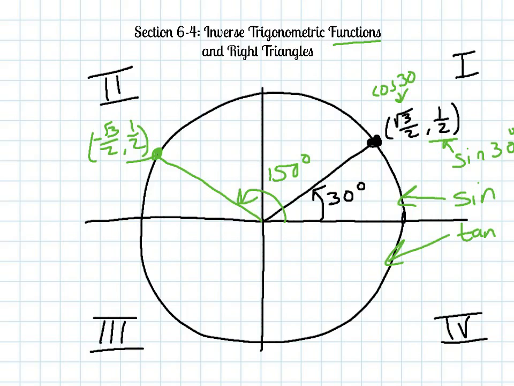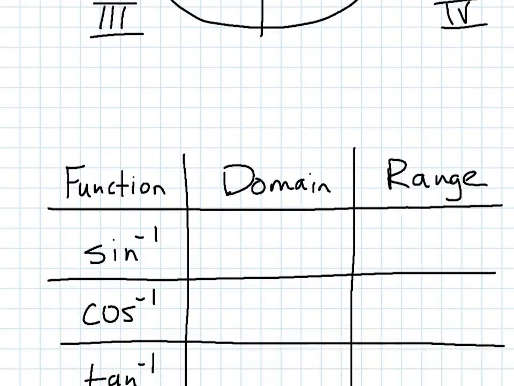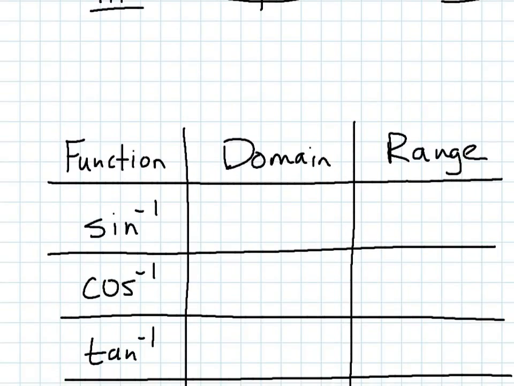Okay? So that means, let me write this down here, for sine, the domain values are ratios. You can go from -1 to +1.